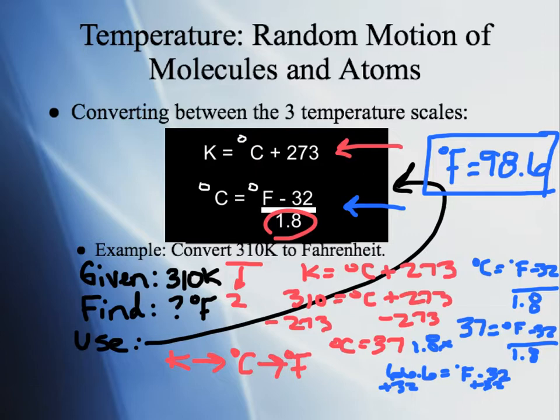So we technically need to round this to 2 sig figs, or no decimal points, because we don't have any decimal points to begin with, so we shouldn't have any decimal points to end with. So technically with sig figs, your final answer should be 99 degrees Fahrenheit. Dun, dun, dun. Oh, sig figs, I love you.